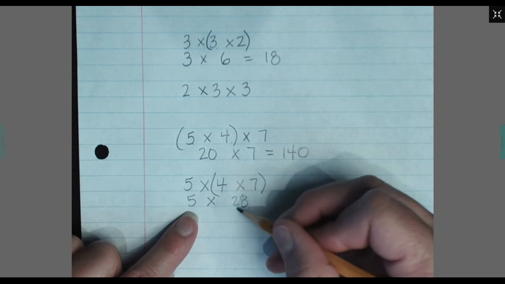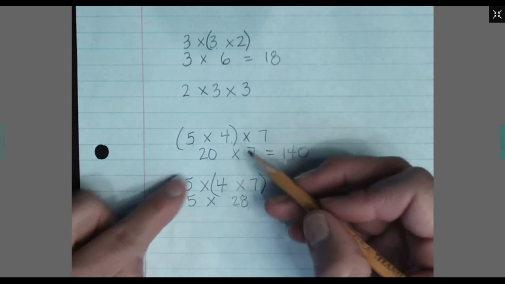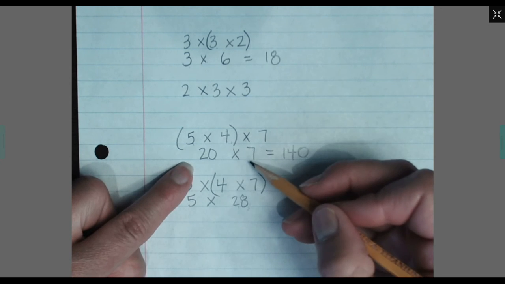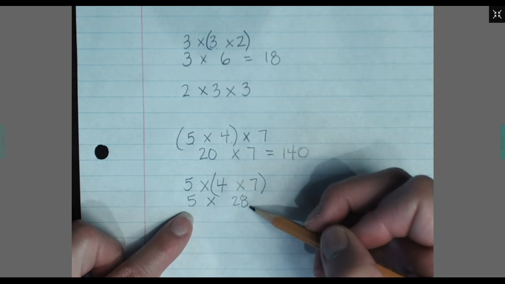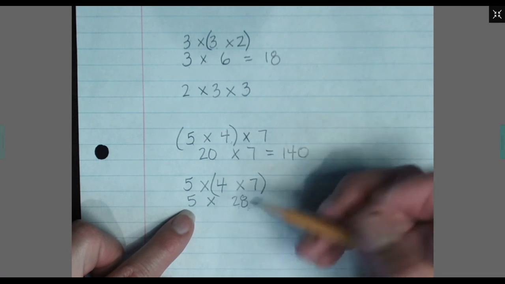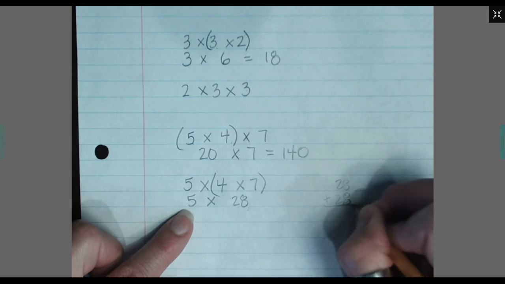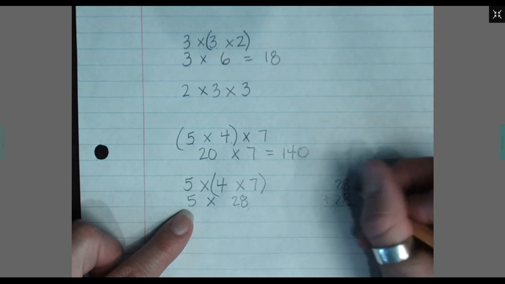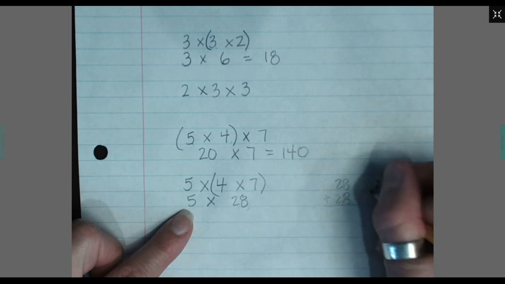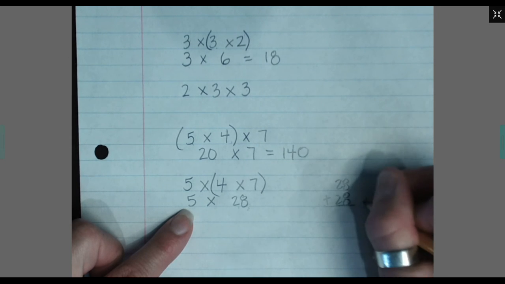But remember, multiplication is the same thing as repeated addition. So we can take that 28 and add it to itself 5 times to find that answer. 28 plus 28. I could do that, and then I can do it another 2 more times. And then I would just have to add one more 28 to it.